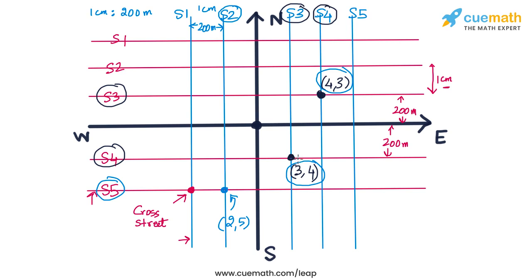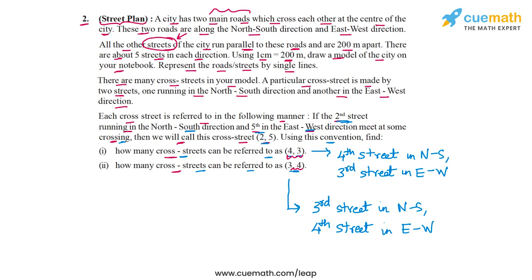There is only one cross street for any combination of two numbers, and this happens because of the way we have constructed our scheme. You take any north-south street number, you take any east-west street number, you get a unique cross street. So the answer to the question is that there is only one cross street that can be referred to as 4, 3 and there is only one cross street that can be referred to as 3, 4. So this completes question number 2.